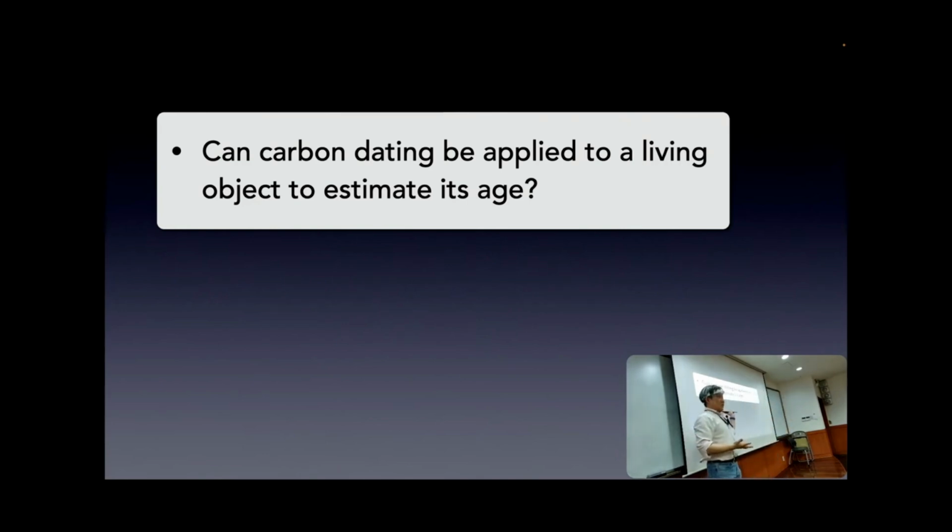But unfortunately, you are dead. So now the C14 that was somehow captured inside your system has no way to escape because you're dead. Now it will start to decay.